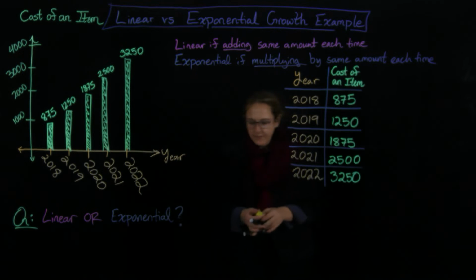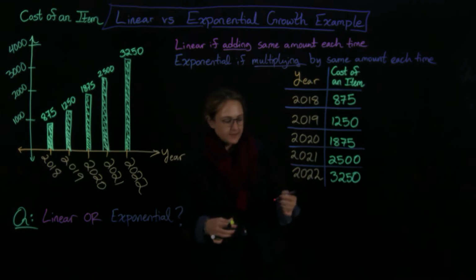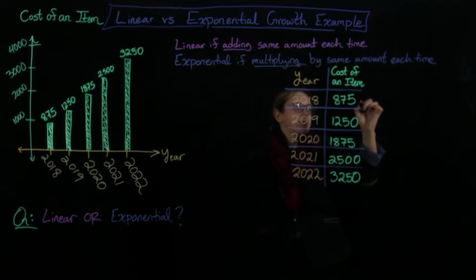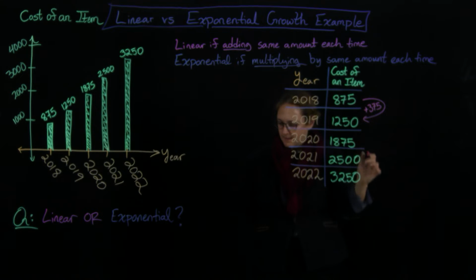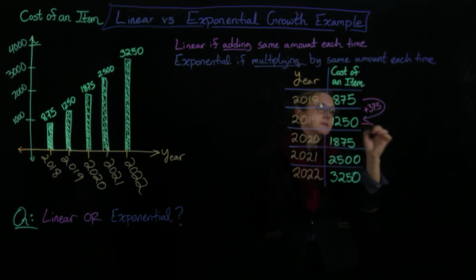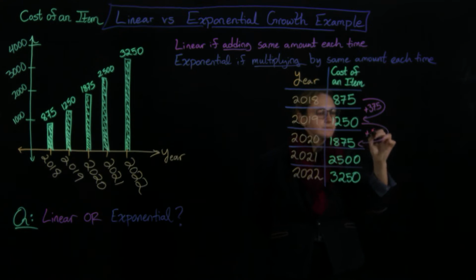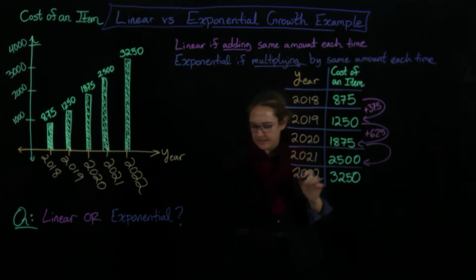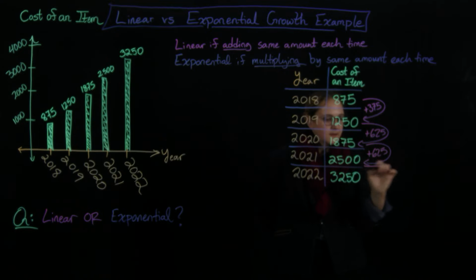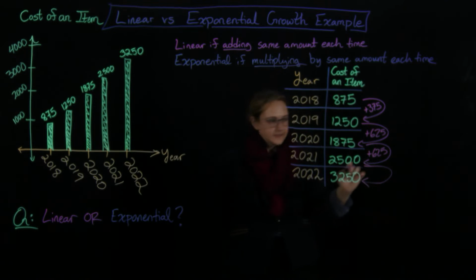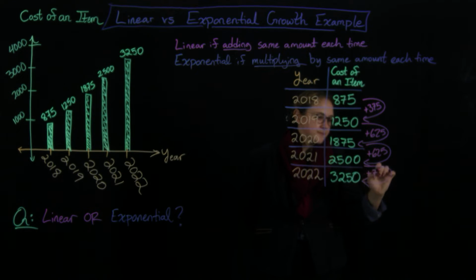So if we go through, and we did this ahead of time, we figured out how much we're adding each time. When I go from here to here, I'm adding 375, and then I'm adding 625. I have to be adding the same amount here, 625. And then here, I'm adding 750.